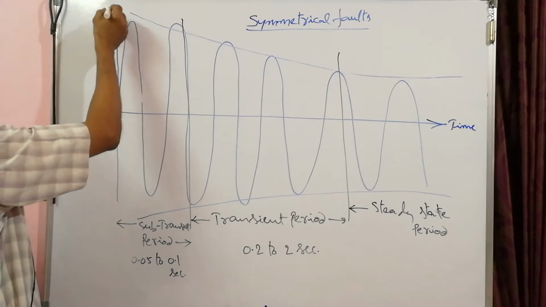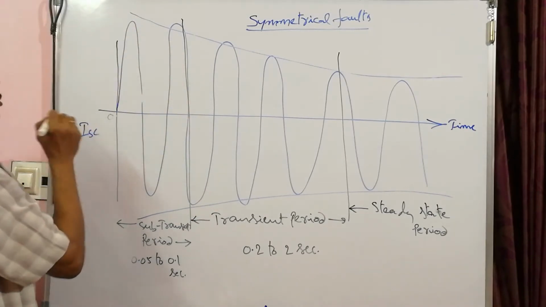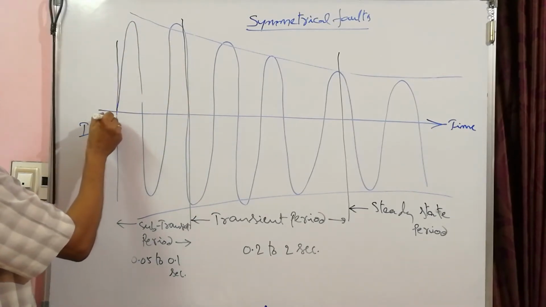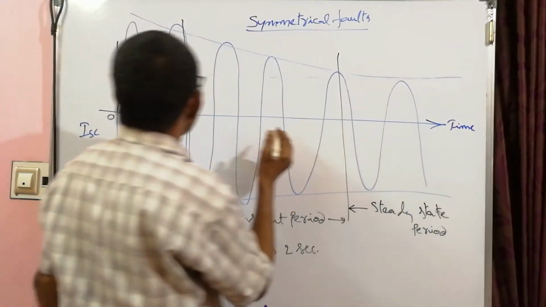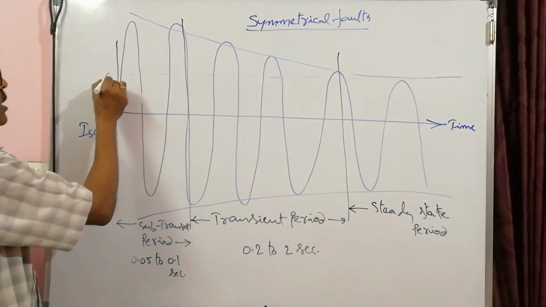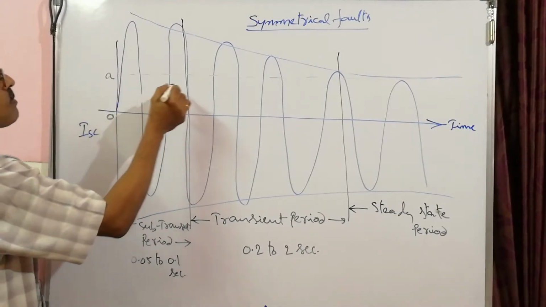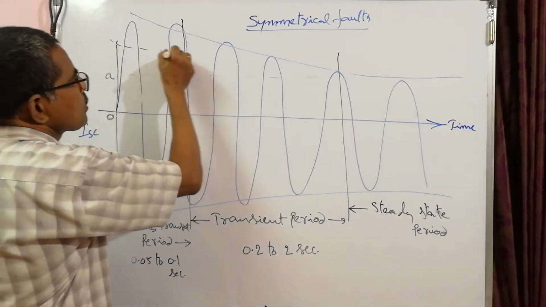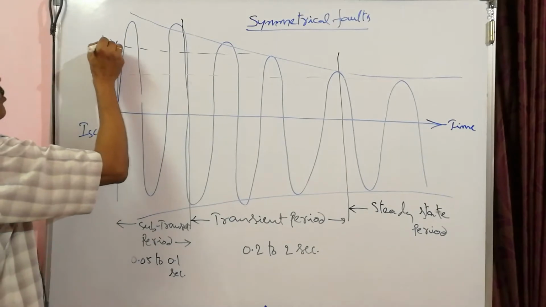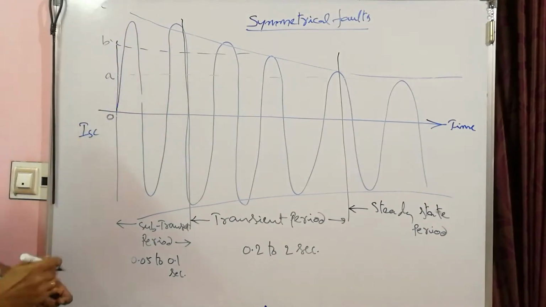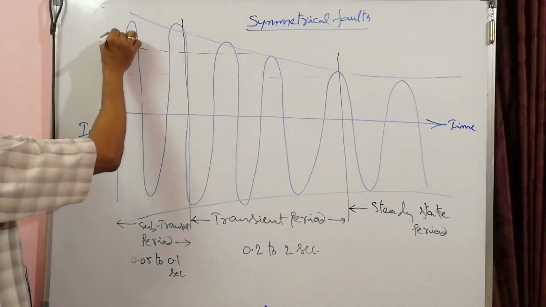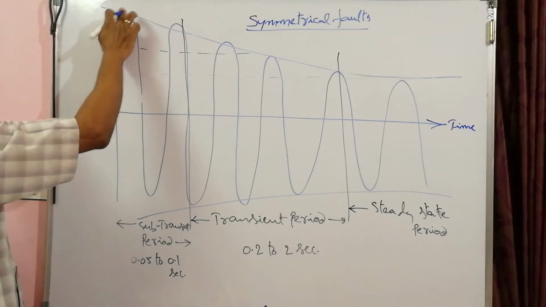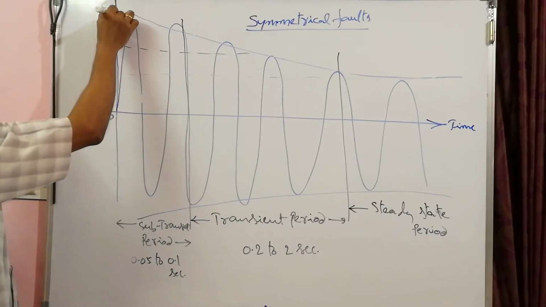So, if I start with O, the final steady state I mark as A, this is B and C. On the y axis, I am just marking the extrapolation.